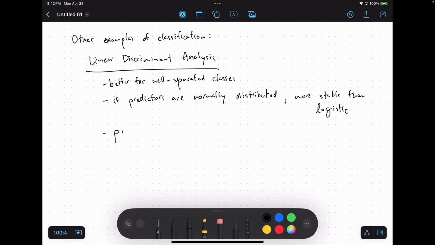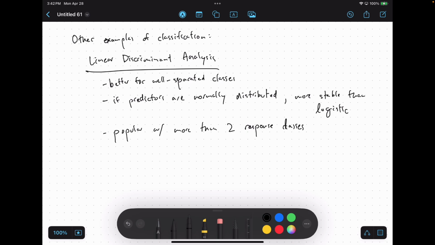And this is popular with more than 2 response classes. So when it comes to deciding whether you want to do an LDA or a logistic, these are some of the things that you might think about.